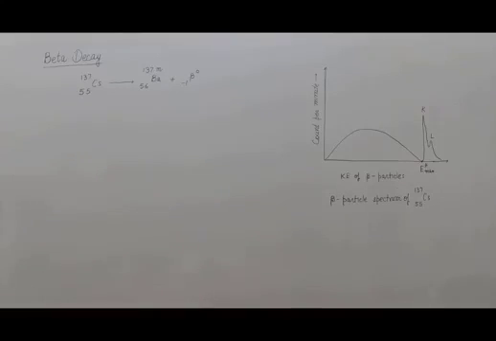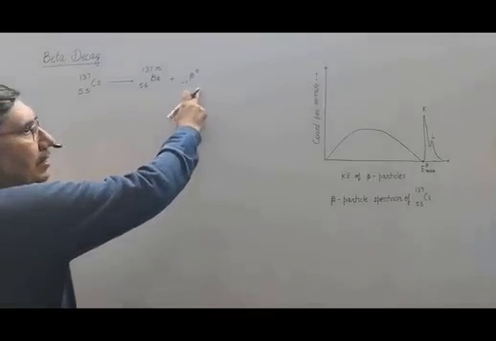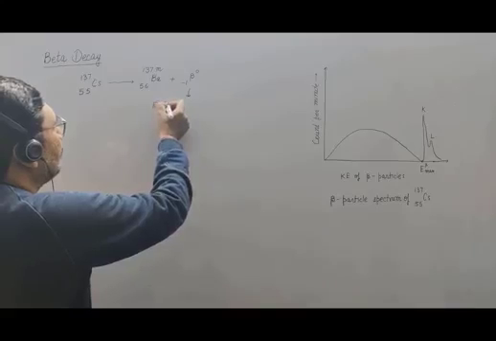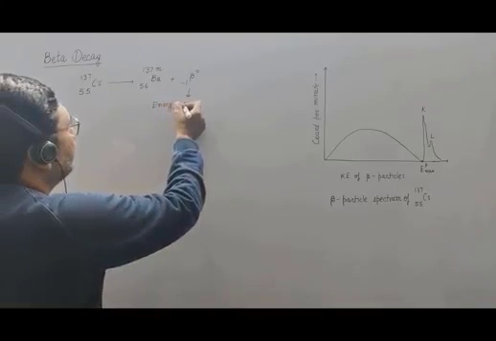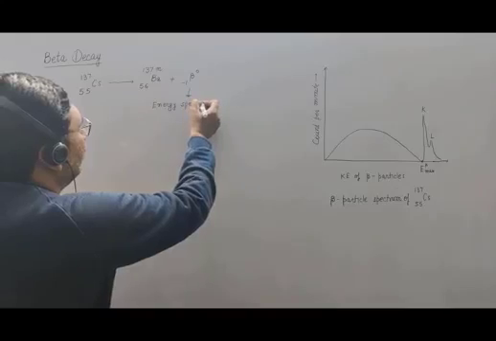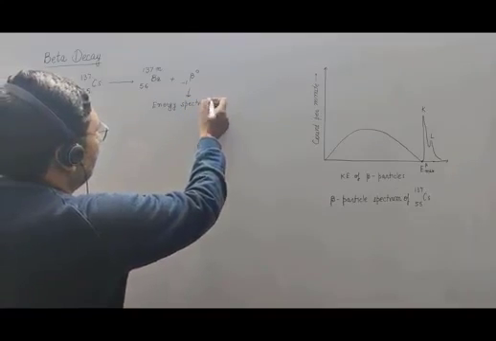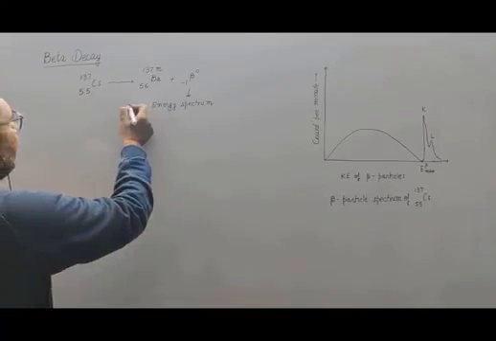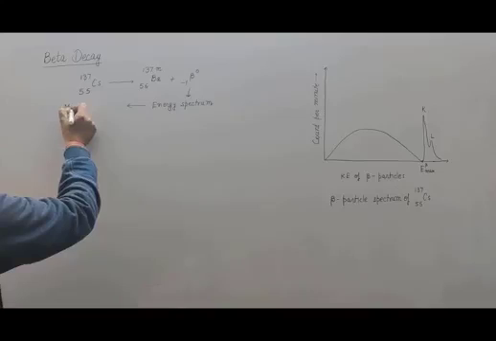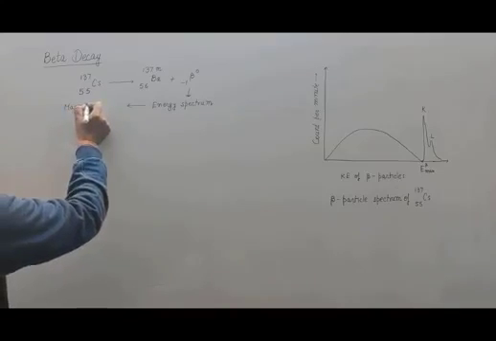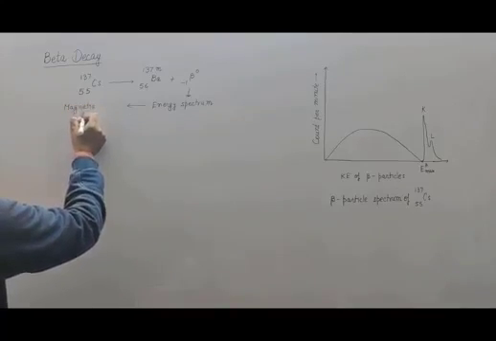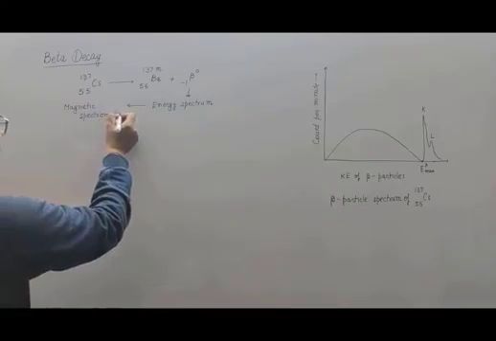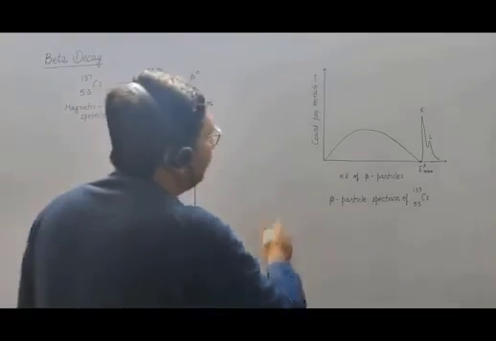So this is an example of beta minus emission. If we observe the energy spectrum of these emitted beta minus particles with the help of a magnetic spectrometer, then we get this type of energy spectrum.